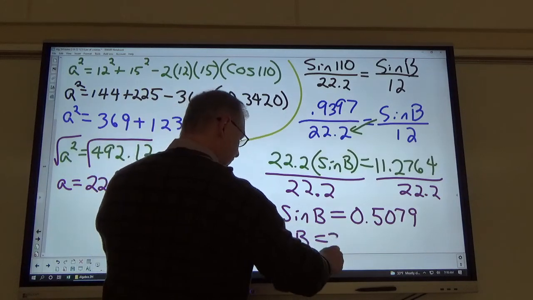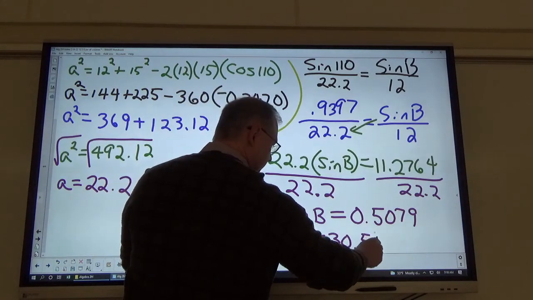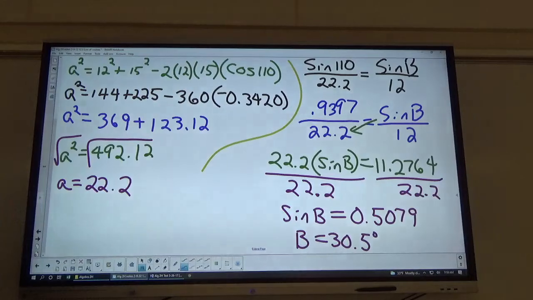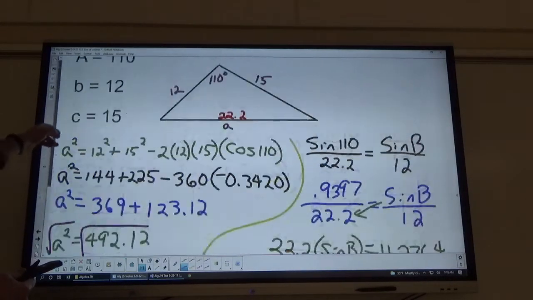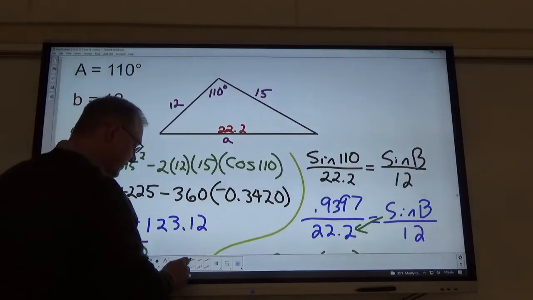Angle B is 30.5 degrees. So that really doesn't make a whole lot of difference. Now let's go back up to the top and fill that in. 30.5 degrees.